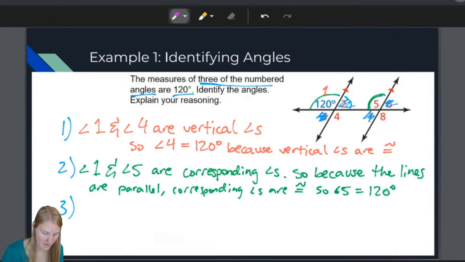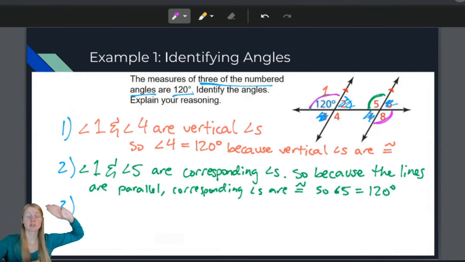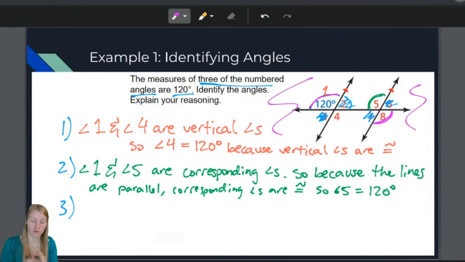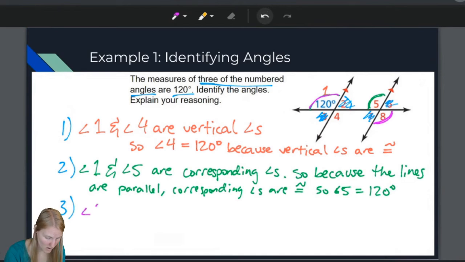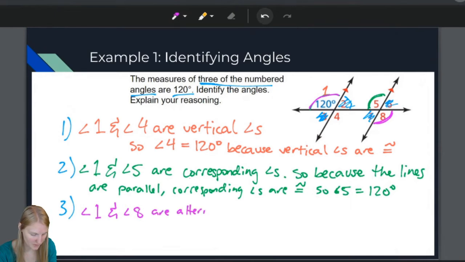All right. And lastly, angle 8. Well, look at this. Angle 1 and angle 8 are on opposite sides of the transversal, and they're on the outside of the 2 lines. So angle 1 and angle 8 are alternate exterior angles.